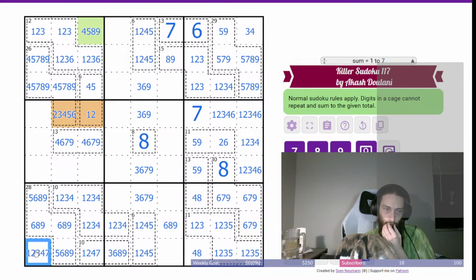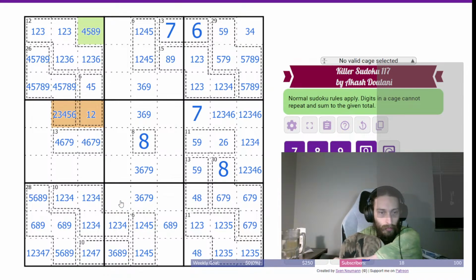If this is a 7, then those two sum to 10, while these two are the same, but that could be 1 and 9, 2 and 8, or 4 and 6. So that works with all of the options.